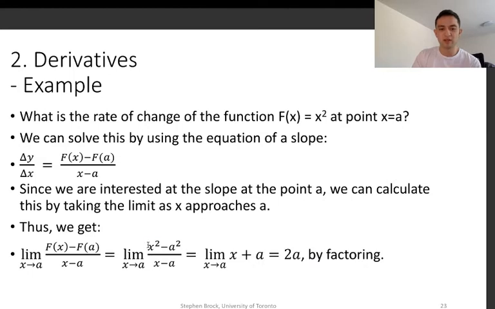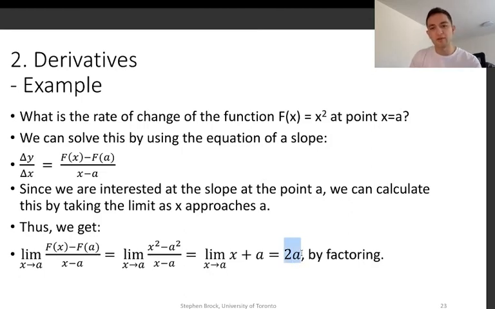But cleverly, we can factor the numerator using difference of squares. Hopefully you remember that from high school. That becomes x minus a times x plus a. The x minus a's cancel out, and we get the limit as x approaches a of x plus a. And now we can plug in our limit value because we don't get an undefined number, and that's just 2a.